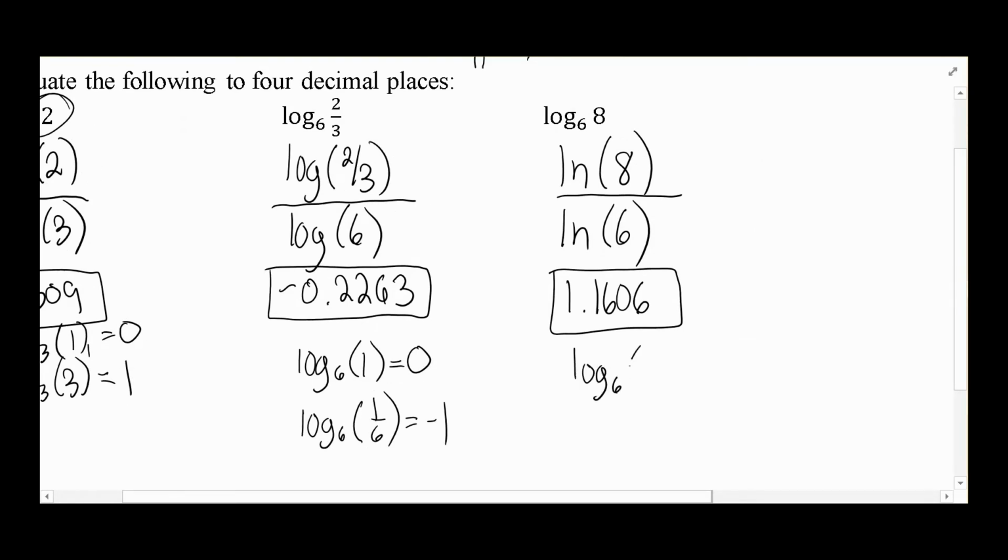For this one, log base 6 of 6 would be 1, and log base 6 of 36, which is 6 squared, would be 2. 8 is somewhere in between 6 and 36, so my answer should be somewhere between 1 and 2. And it is. This just gives us an idea to make sure that we're in the right ballpark, to make sure we didn't make a mistake.